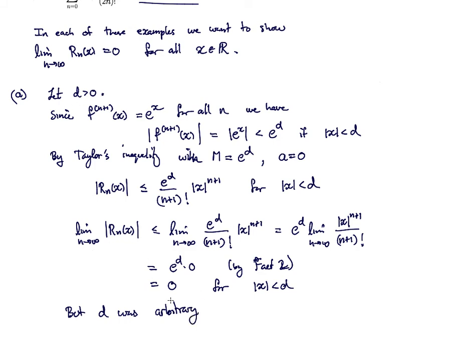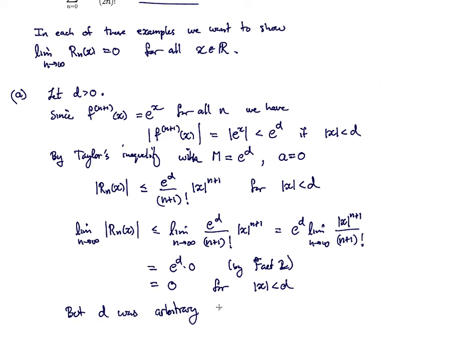And so this means that the remainder goes to 0 for any x. If I want it to go to 0 for x being 1,000, well then I'll just take d to be 1,001. If I want to show that the remainder goes to 0 when x is 1,000,000, well I'll take d to be 1,000,001. The argument here did not depend on d at all. It turned out that d was arbitrary. We still get that the remainder is always going to be 0 no matter what d is.